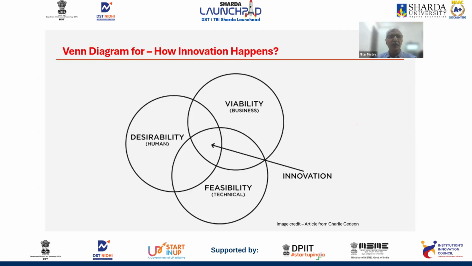You cannot have a product or service for a short term. You should always look at everything for the long term. That is called viability, and it should be financially viable, right? So innovation is desirability plus feasibility plus viability.